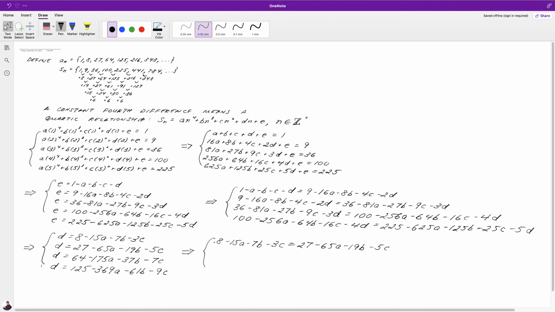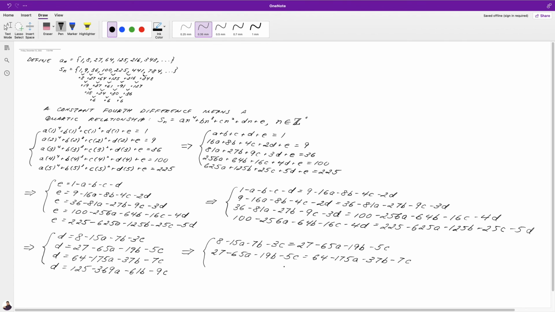Okay, second equal to third, we're going to have 27 minus 65A minus 19B minus 5C is equal to 64 minus 175A minus 37B minus 7C.